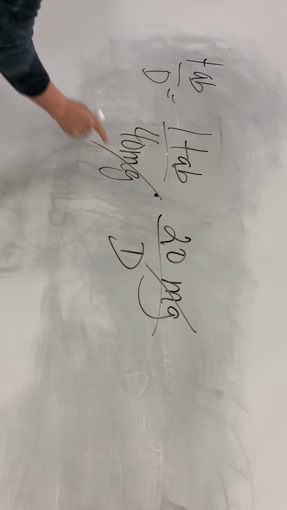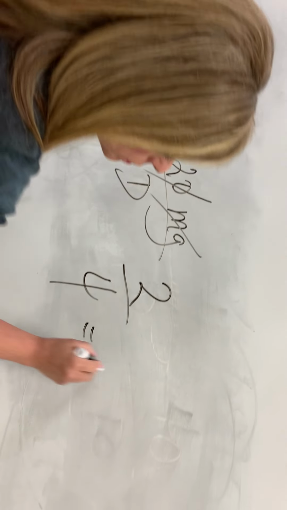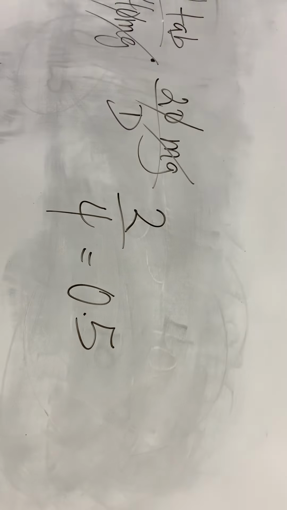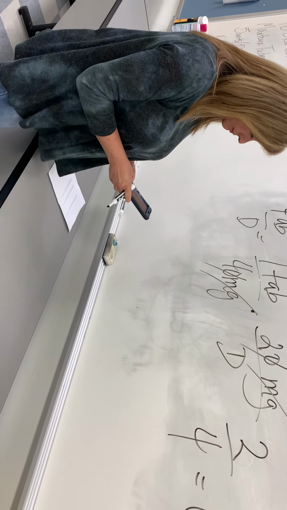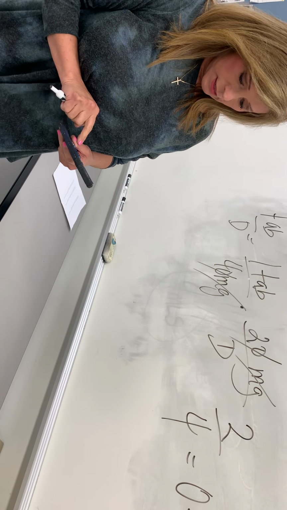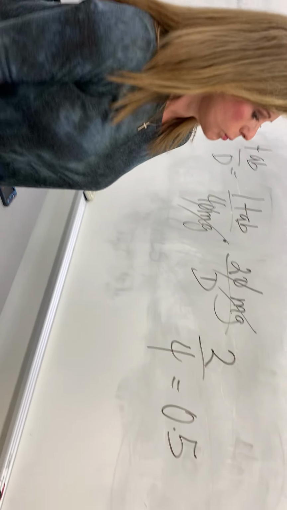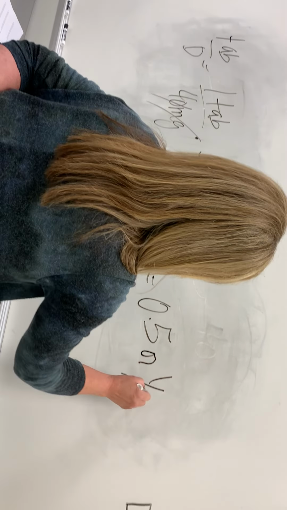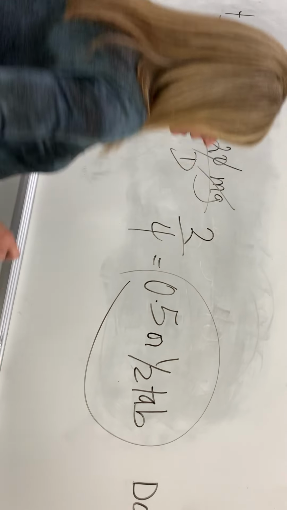I mark that out and that out. I've got tab over dose is what I'm looking for. I can take off that 0 and that 0 if I want to, and I've got 2 into 4. If I divide 2 into 4, I'm going to come up with 0.5. Let me make sure. It's always good to check your work. Even if you think you know, you may be wrong. 0.5 tab or a half a tab. Either way is correct. That's the answer.